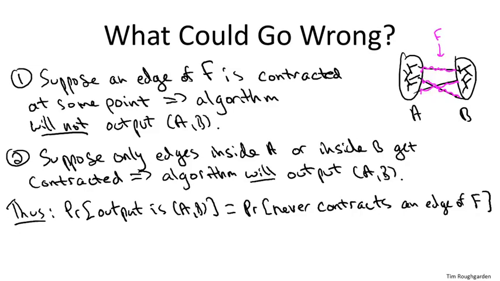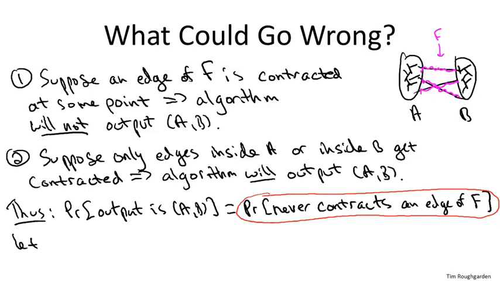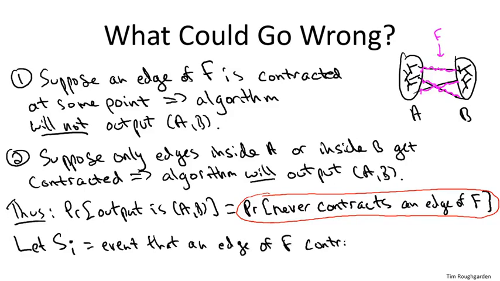So to think about that, let's think about each iteration in isolation and actually define some events describing that. So for an iteration i, let S_i denote the event that we screw up in iteration i. With this notation, we can succinctly say what our goal is. To compute the probability of success, we want to compute the probability that none of the events S_1, S_2, up to S_{n-2} ever occur.